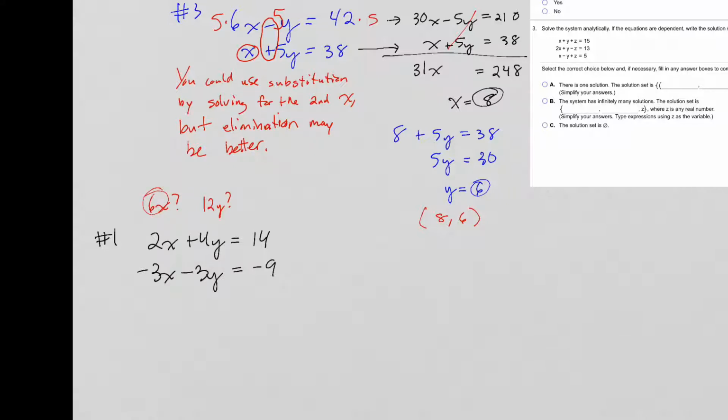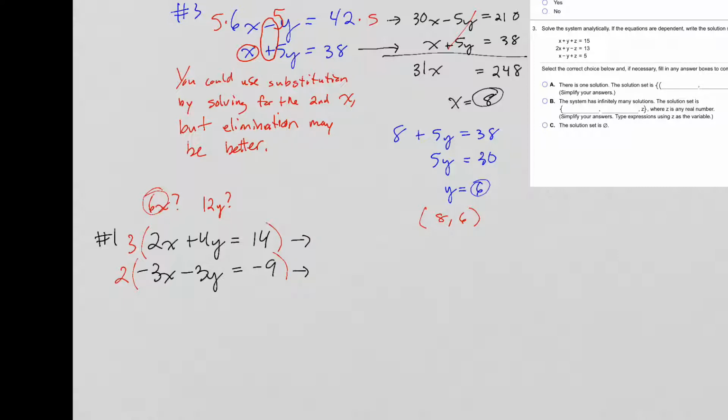I'm going to make the x terms look like 6x's by multiplying everything by 3 here and multiplying everything by 2 here, and that'll give me positive 6x on top and negative 6x on the bottom. So I know the x's will eliminate once I get everything multiplied.